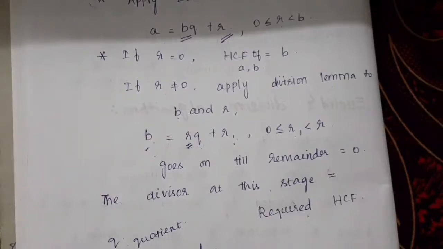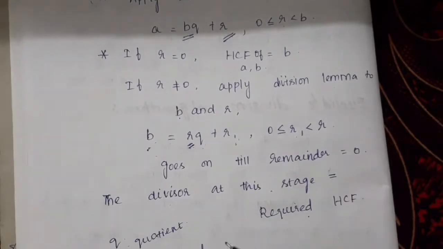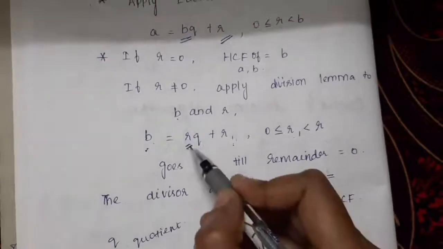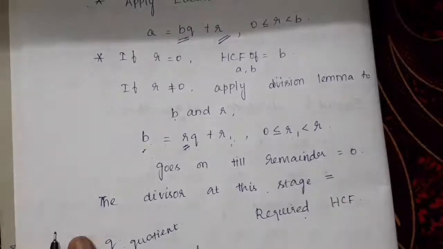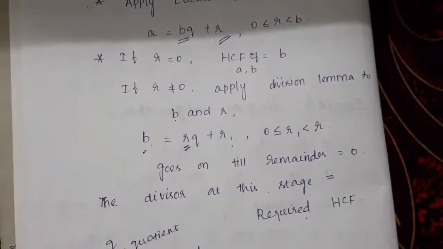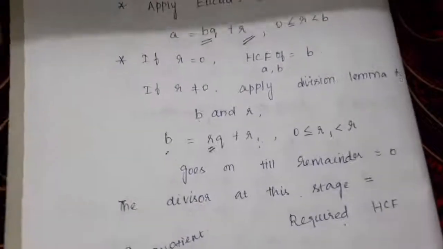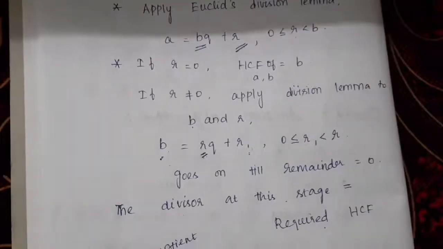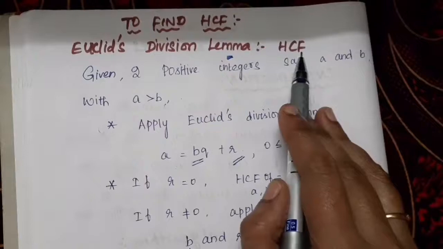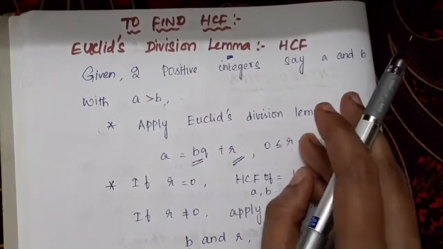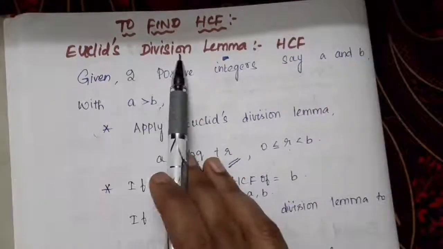This process continues till you get the remainder as 0. In each step, you take the divisor as the dividend and the remainder as the divisor in the next step. These are the steps to calculate the highest common factor of any two given positive integers by using Euclid's division lemma.